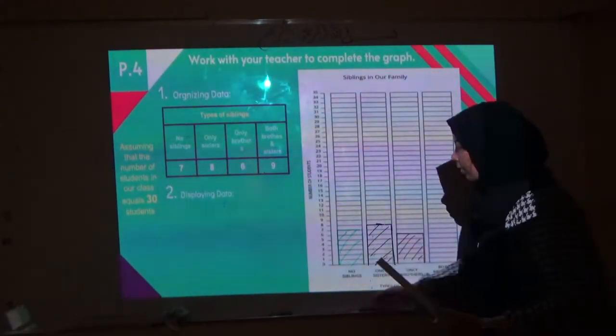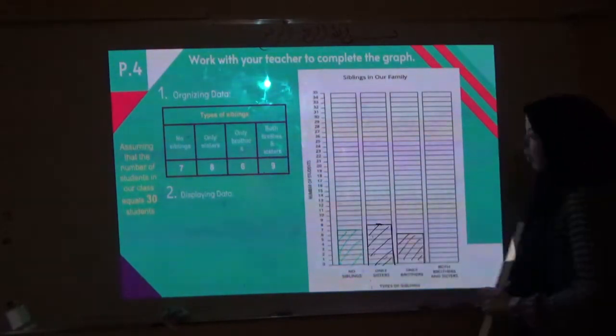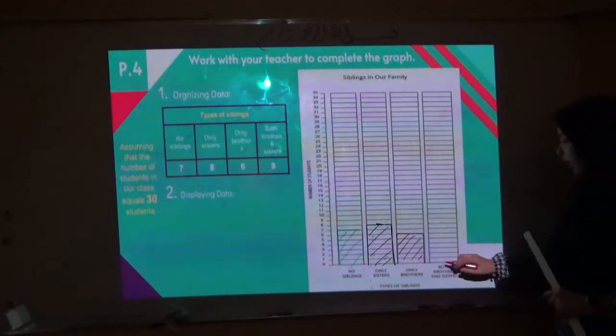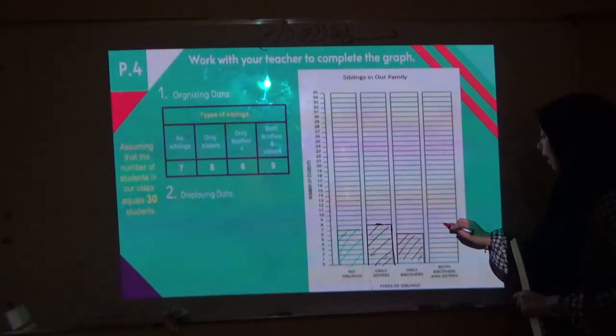And we will repeat the same for the last one, which is both brothers and sisters, which is 9. So I will count from 0, 1, 2, 3, 4, 5, 6, 7, 8, and 9.